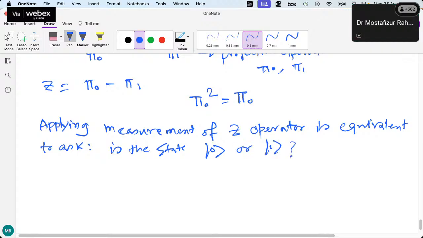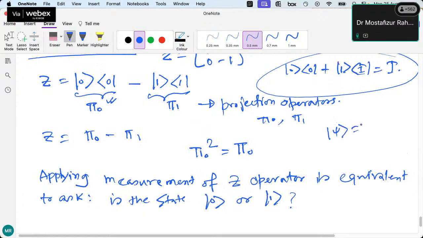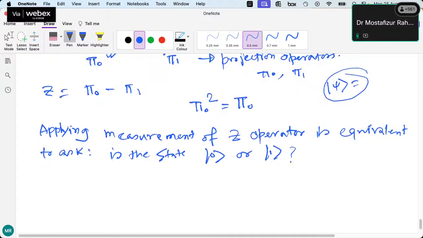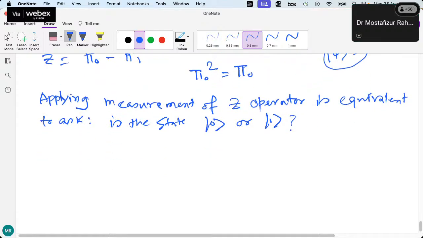This is the question. If I measure the Z operator, it is equivalent to asking whether this quantum state is Ket0 or Ket1. Because it's probably in a superposition, I have to say how much probability belongs to 0 or 1, whether the state is 0 or 1, by doing a simple single measurement, right? Because I can represent it as a difference of two projector operators, |0><0| and |1><1|, it directly implies that it is equivalent to asking whether the state is 0 or 1, right?